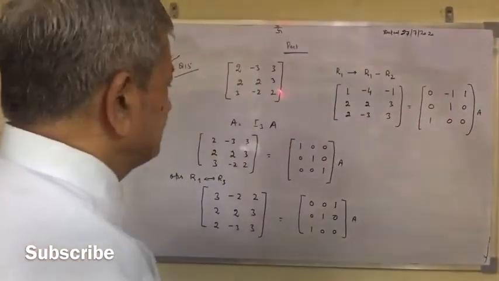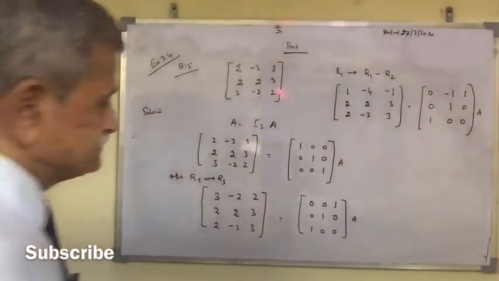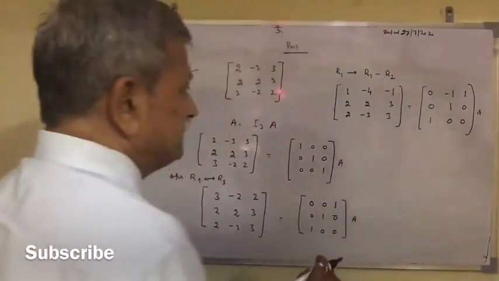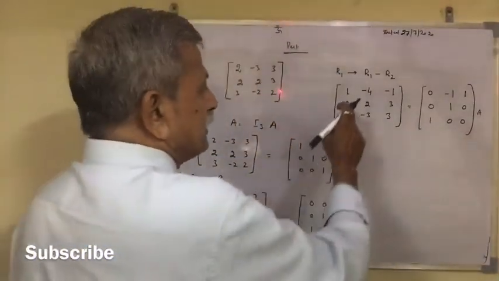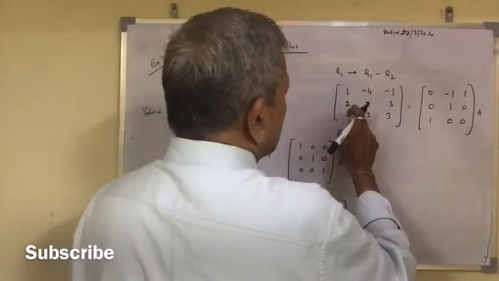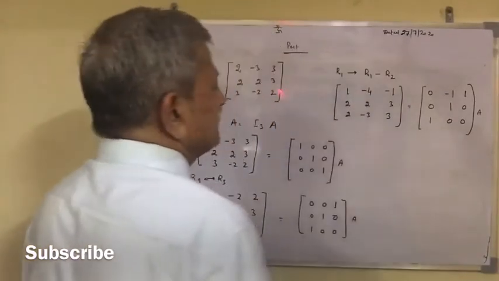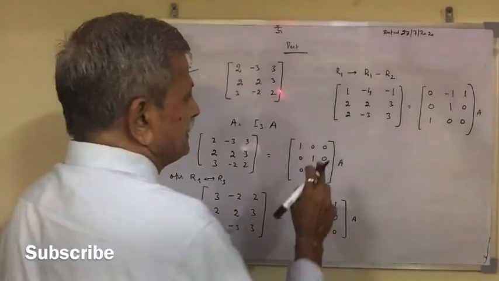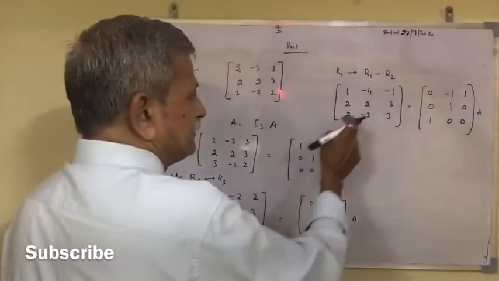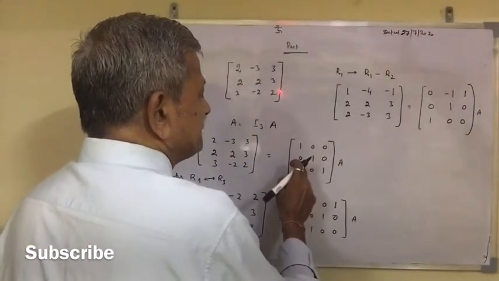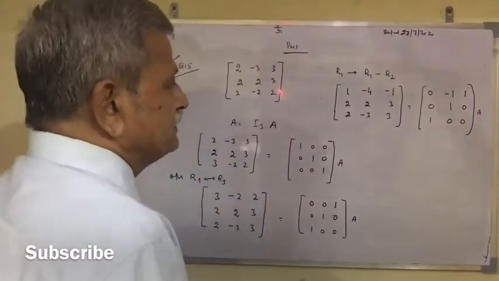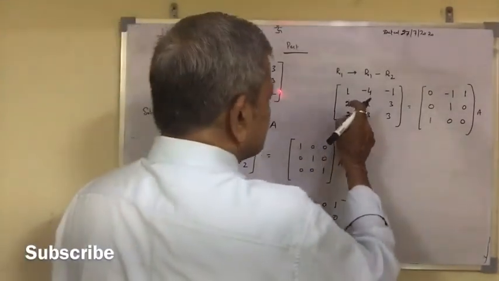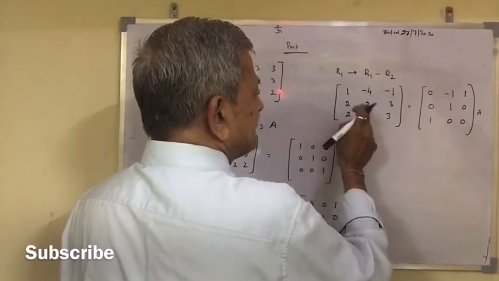Now, up to here we have used this. Next, because I get 1 here, now I want to get 0 below it, using the same matrix on this side. For making 0 and 1 here, I will search for the operation which makes 0 here and 1 here.